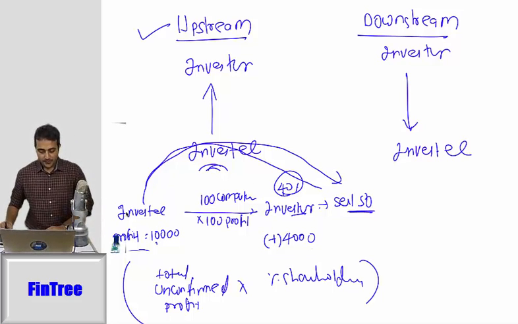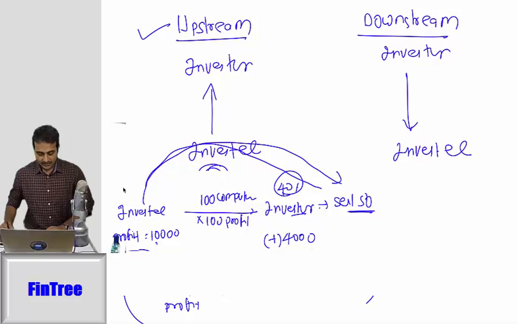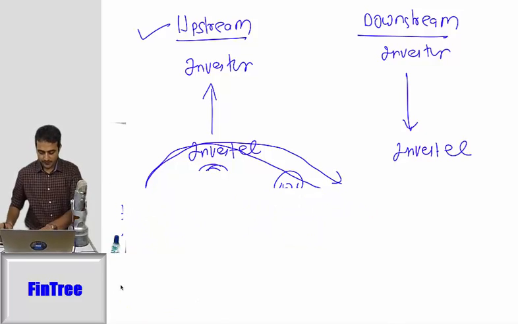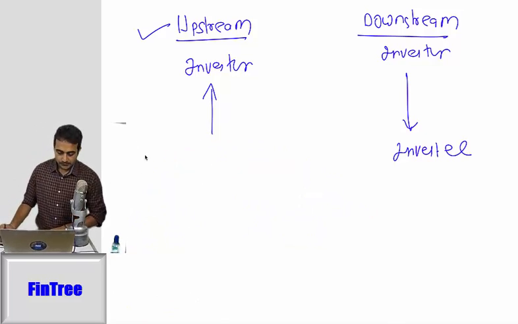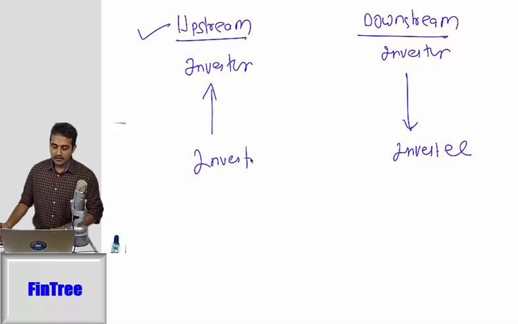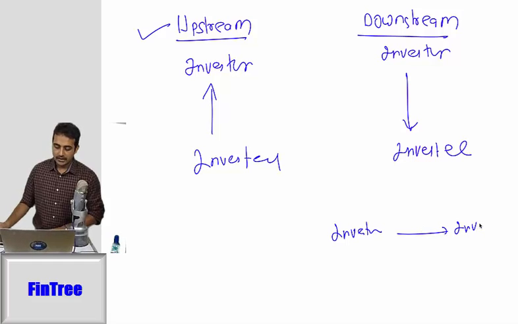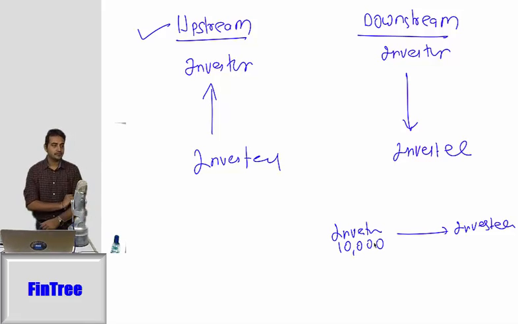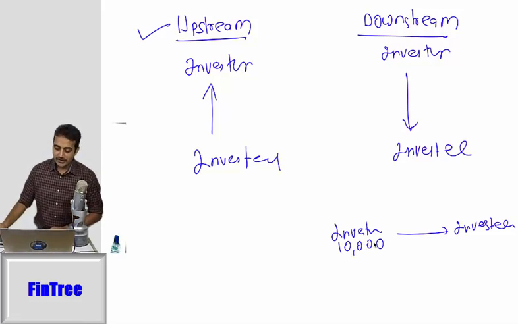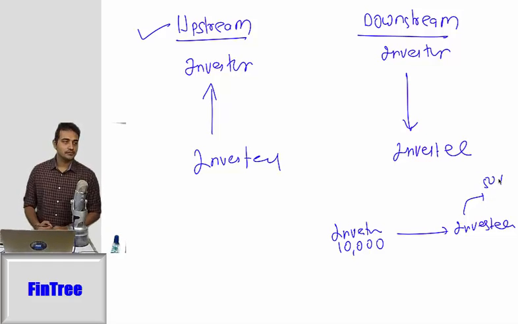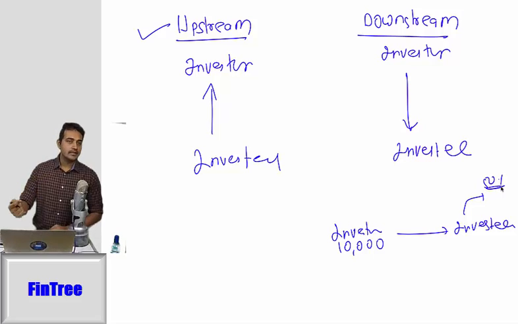The other side. Now investor sold to investee and investor recognized a profit of 10,000. Investee sold half of that to outsiders. I'm repeating again. Investor sold to investee.